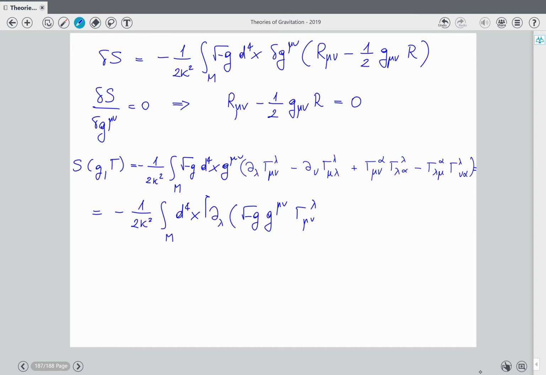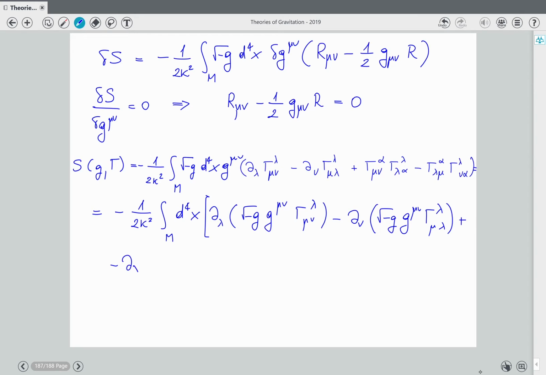This is the first total derivative. And then from here, we have minus ∂_ν √(-g) g^{μν} Γ^λ_{μλ}. These total derivatives give two contributions. One is the one that is obtained by making them act on Γ, which is the one we have. And then there is another one which is obtained by acting on the rest, and that we have to subtract.